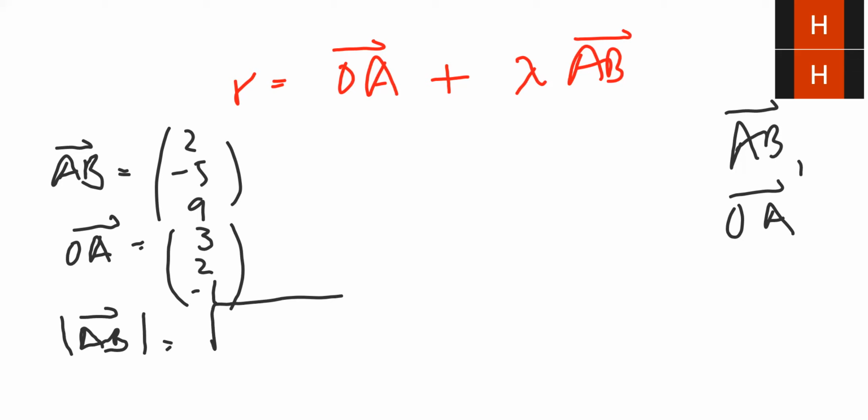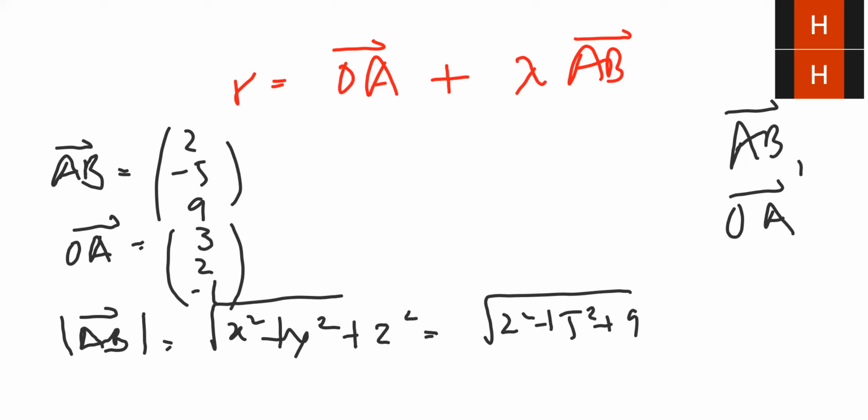In the 2D vectors, we said it's going to be x squared plus y squared. However, in 3D vectors we have the third axis as well, so it will be x squared plus y squared plus z squared. So this comes out to be the square root of 2 squared plus 5 squared plus 9 squared. Whatever you get is the magnitude of your AB direction vector.